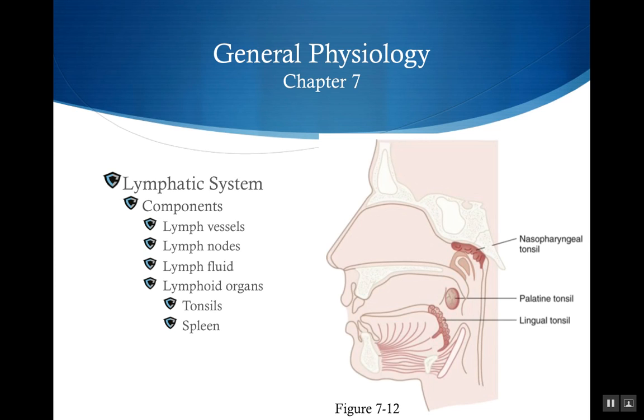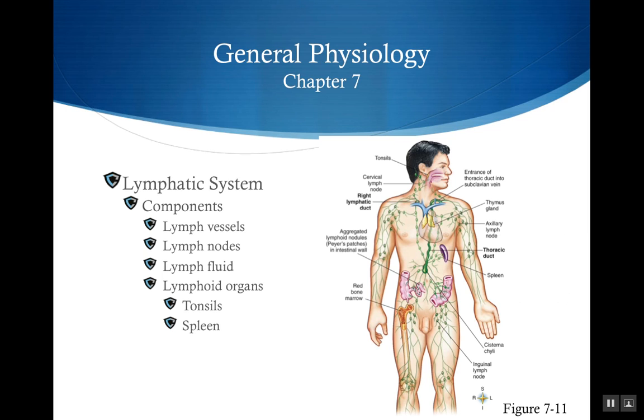So let's look at the different tonsils here. Tonsils and the spleen, as I mentioned, are 2 of the lymphoid organs. The spleen is the largest of the lymphoid organs and is located in the upper left quadrant of the abdomen. Let's go back here. You can see the spleen right there in purple.